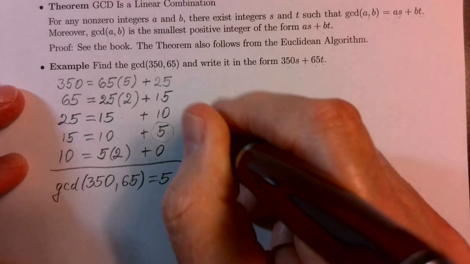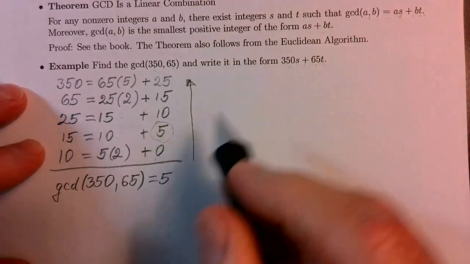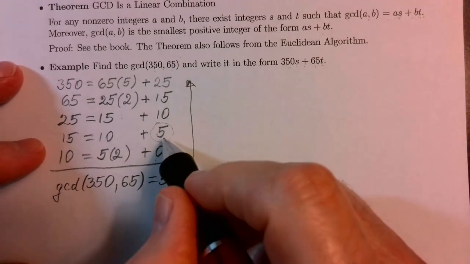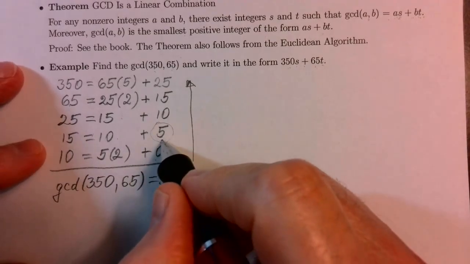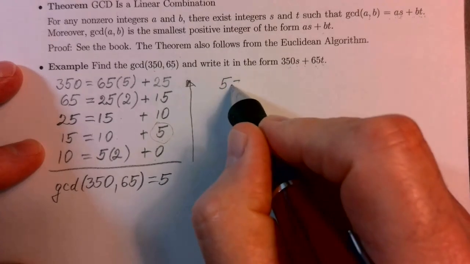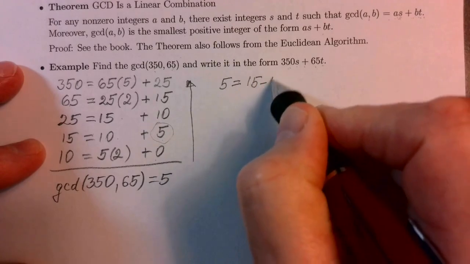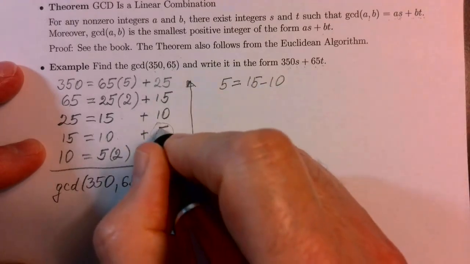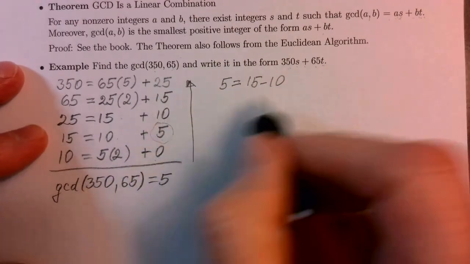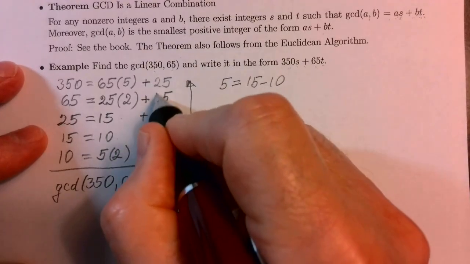Then we start backward substitution to get the linear combination. From here, 5 is 15 minus 10. These remainders here are important numbers.